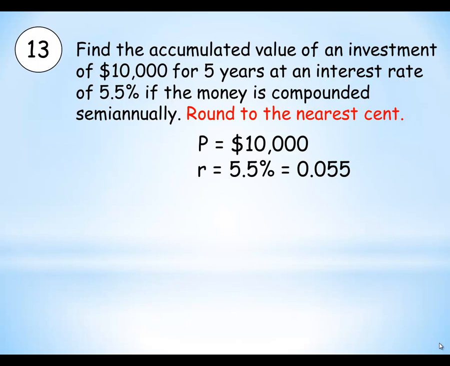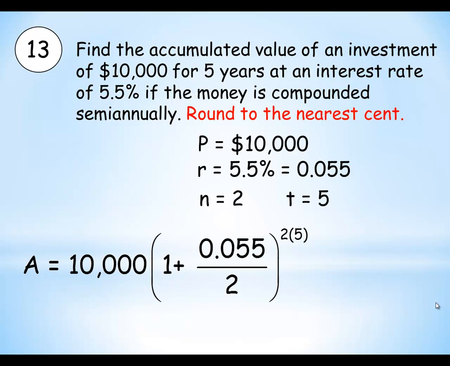The rate, 5.5%, expressed as a decimal, is 0.055, or 55 thousandths. The number of times compounded is 2 for semi-annually. And the number of years, we're going to leave this money in the bank, is 5 years.